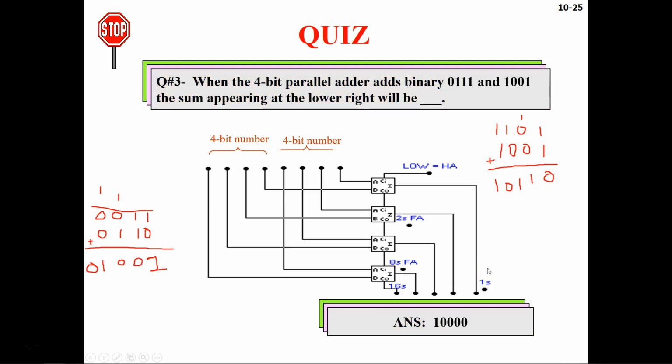Now let's do one more. This is an interesting one. So 0111, and then 1001. Adding these two numbers, 1 plus 1 is 0 and the carry is 1, and then 0 plus 1 is 1, and adding with the carry, it's going to be 0 here and then 1 here.